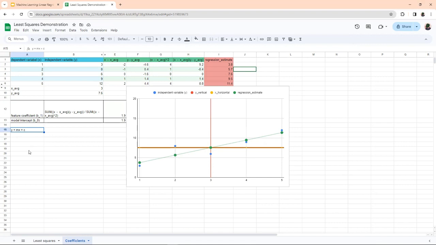So we say, okay, well, what is y when x is equal to 0, essentially, and then we find our intercept. When x is equal to 0, y is equal to c, but we don't know what c is. So there's a way to do that.